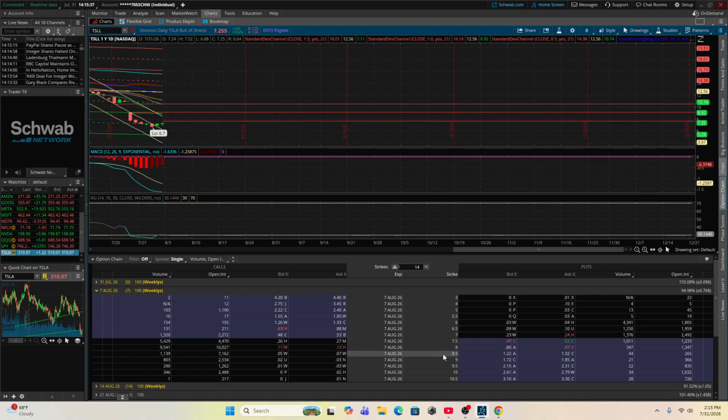If we reap that premium because it does not get to $8 and TSLL actually goes down, if Tesla goes down, then we're covered 15 cents to the downside. It decreases our cost basis from $7.26 to $7.11. So now our technical average of what we bought it for is $7.11.